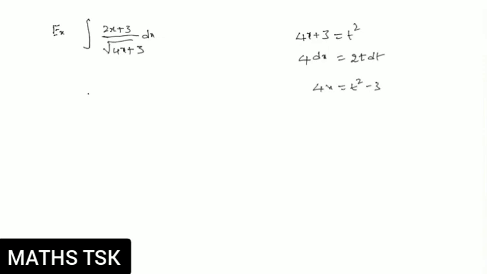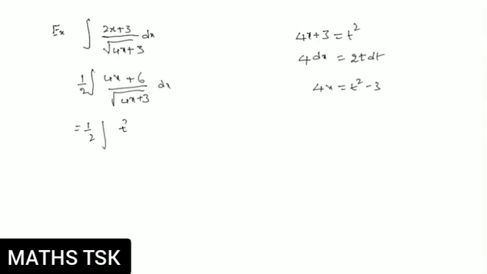So in the integration, I multiply and divide with 2, so that it becomes 4x plus 6 by root of 4x plus 3 into dx. I consider 4x plus 3 is equal to t square, so 1 by 2 into integration of, what is the value of 4x?